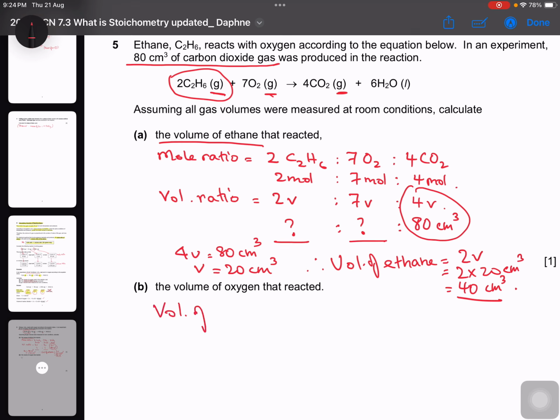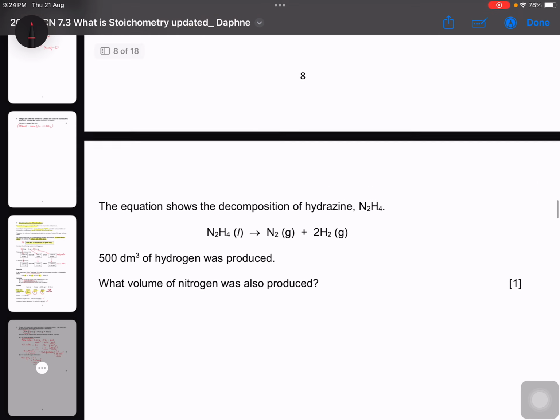Oxygen is 7V, so 7 times 20, and this will be 140 cm cube. So much easier to do, right? If you see a question where it's all gases, use this method. It's a lot easier than the MRU.